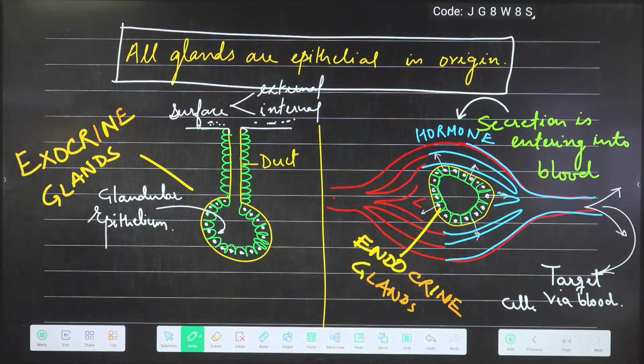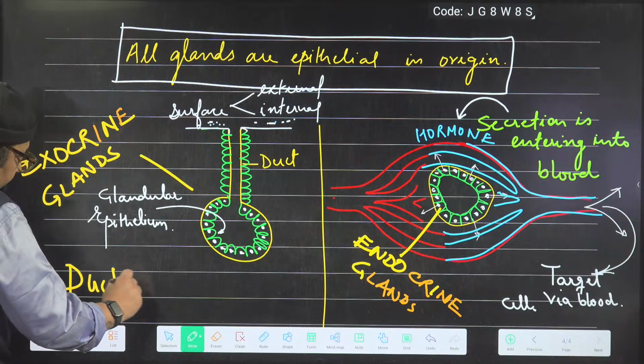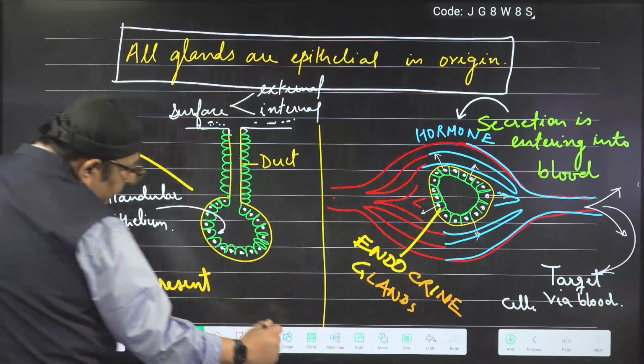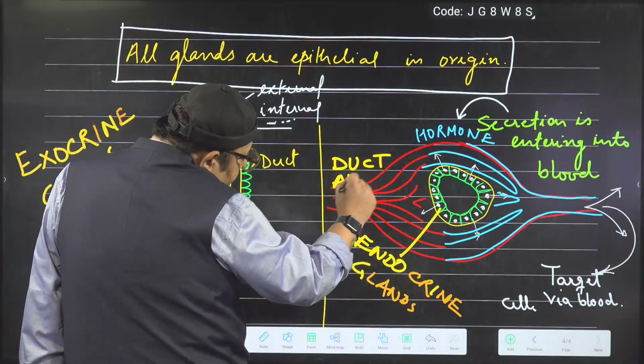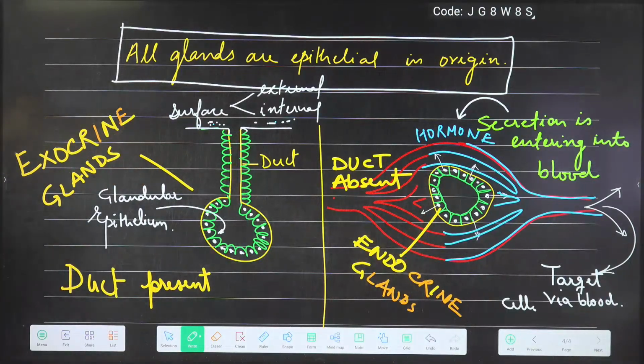The basic thing is duct undi, duct ledu. The first type, on the left hand side, duct is present, and on the right hand side, duct is not present. Basic difference: duct present, but here the duct system is absent. The secretion is taken to the target cell through the bloodstream.